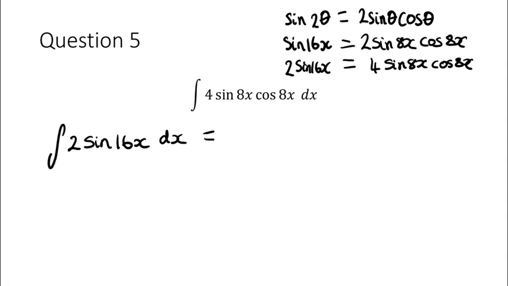So when I integrate sine 16x, I'm going to write down here cos 16x. But when we integrate sine, it goes to negative cosine. And also, because I'm integrating, I'm going to need to divide by that coefficient of x here. So divide by the 16. 2 divided by 16 is going to be 1 over 8.